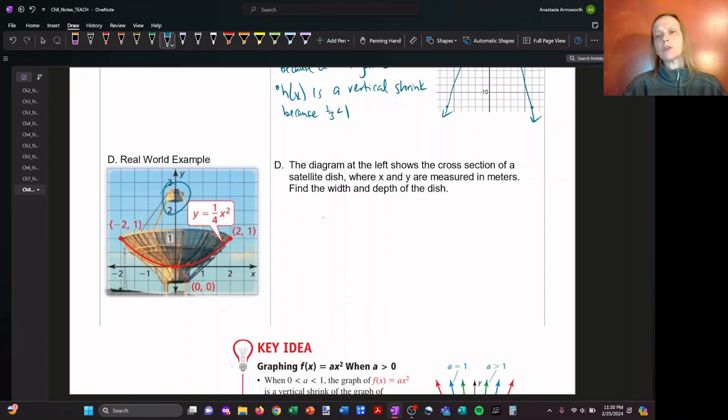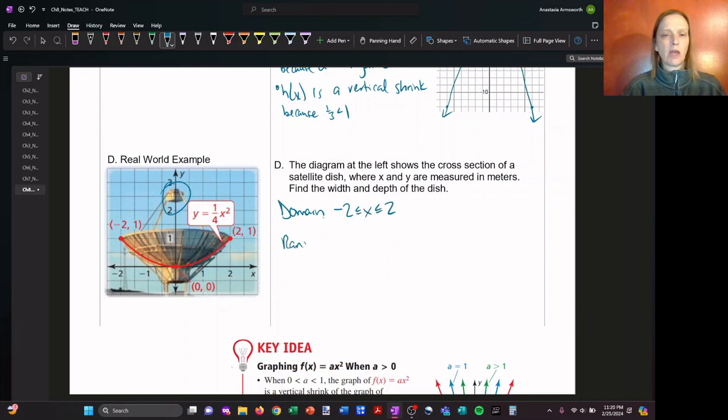So this question is asking us to determine the dimensions of the satellite dish. What's the width? What's the depth of this satellite dish? And we're told the points here on the parabola, and we can see that the domain ranges between -2 and +2.